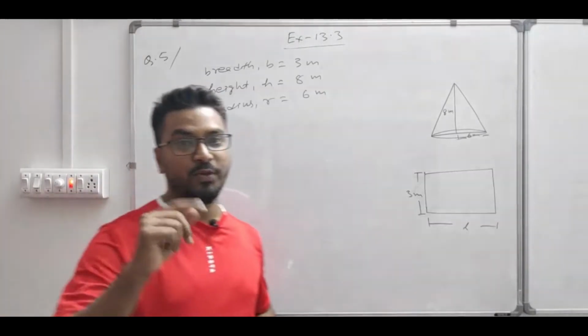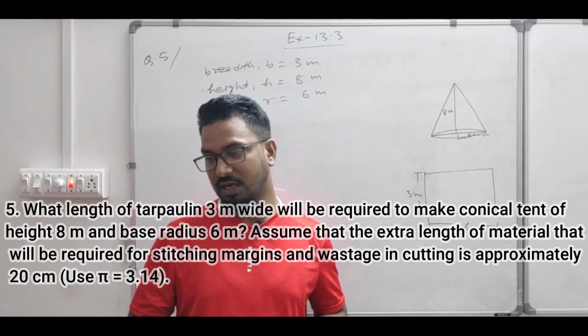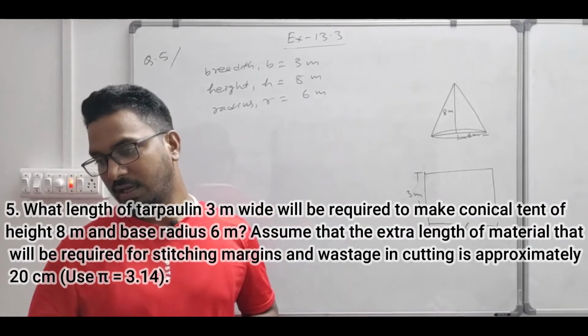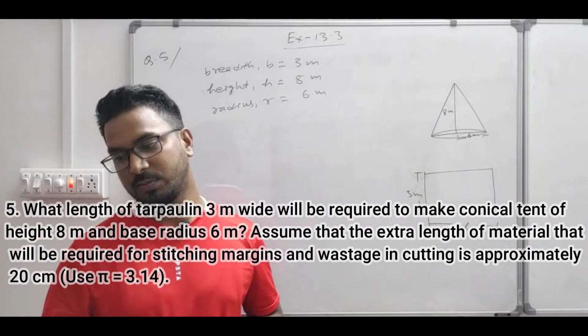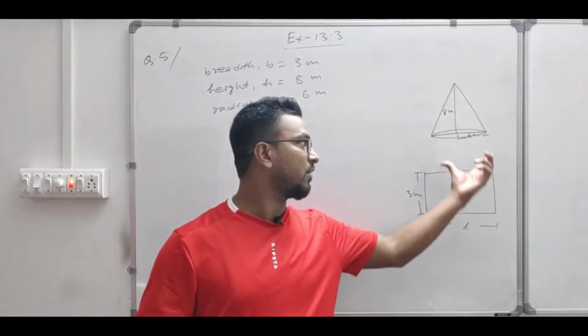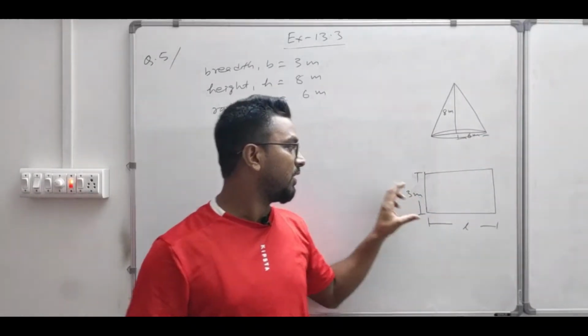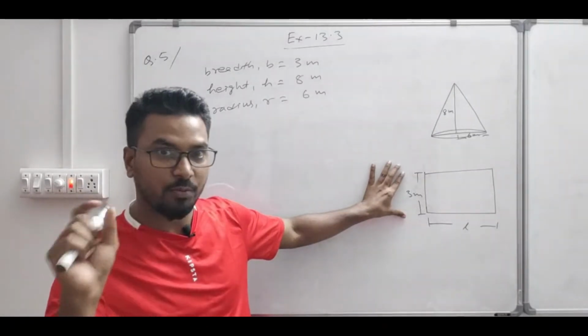Okay. So moving to the next question, question number 5. It is given, what length of tarpaulin 3 meter wide will be required to make a conical tent of height 8 meter and base radius 6 meter. So using that tarpaulin, you have to make one cone of height 8 meter and radius 6 meter, and the breadth of the tarpaulin is given 3 meter.